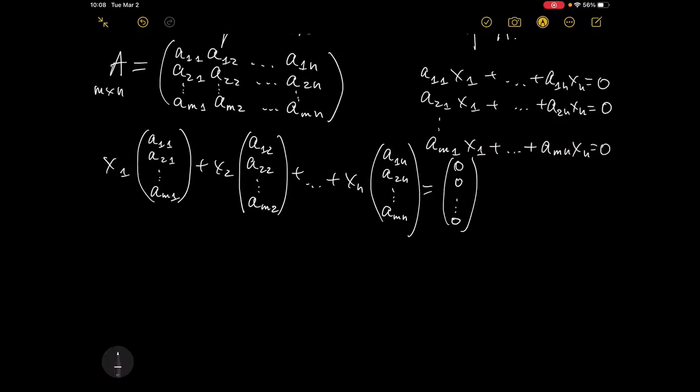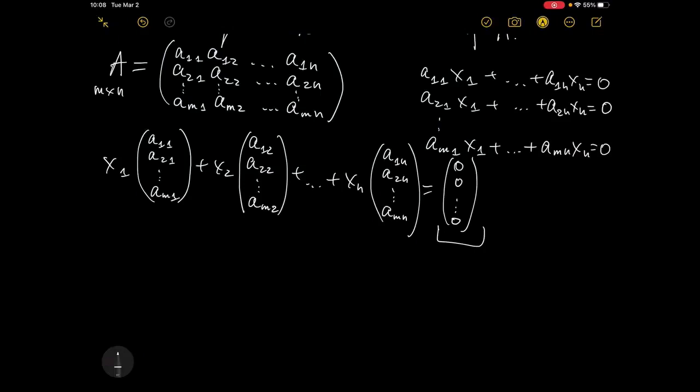So, first of all, this homogeneous system of linear equations always has at least one solution. So there exists at least one linear combination of columns which will give you 0. It can be the trivial combination, which means all x's are equal to 0. This trivial combination always exists.